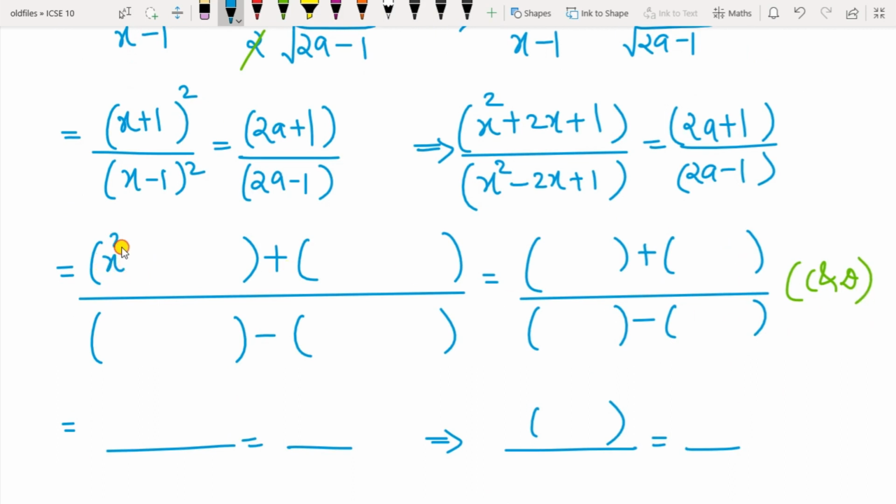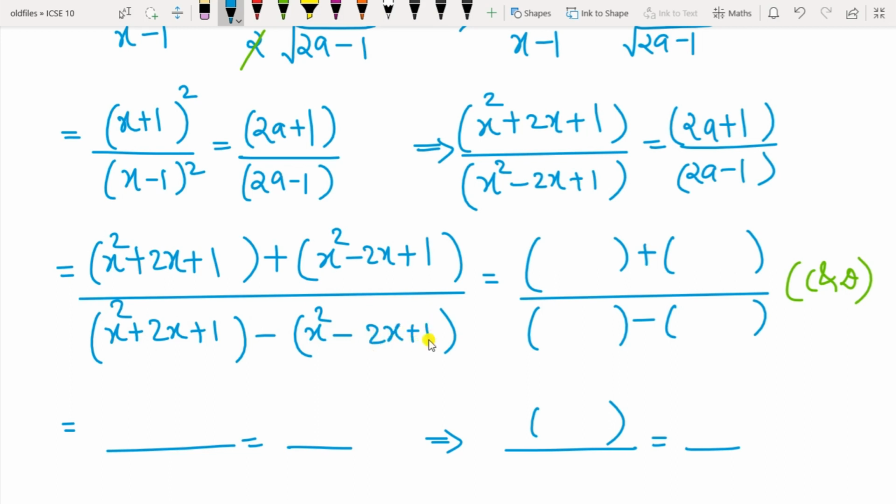So this is (x square plus 2x plus 1 plus x square minus 2x plus 1) upon (x square plus 2x plus 1 minus x square minus 2x plus 1) equal to (2a plus 1 plus 2a minus 1), and here (2a plus 1 minus 2a minus 1).